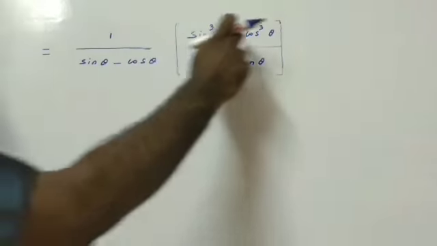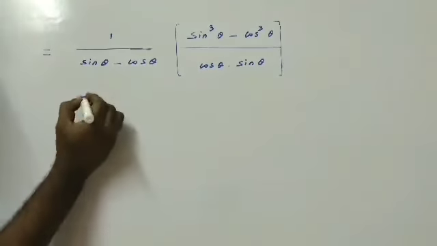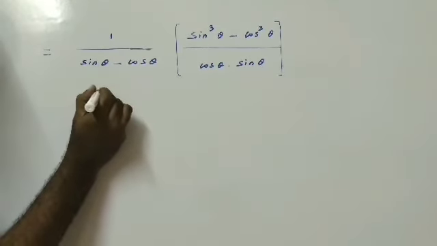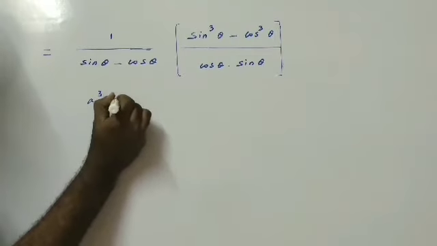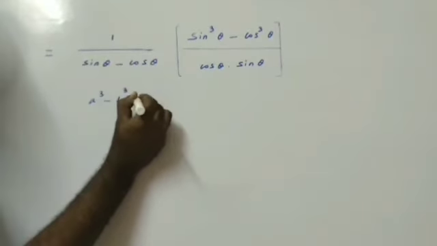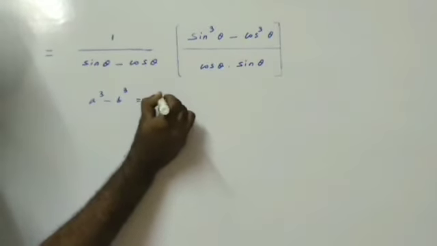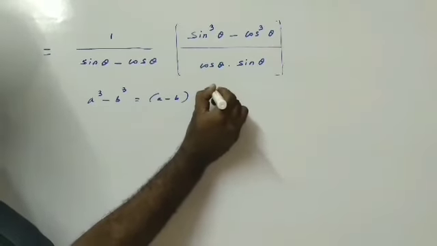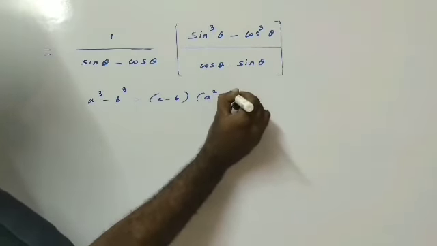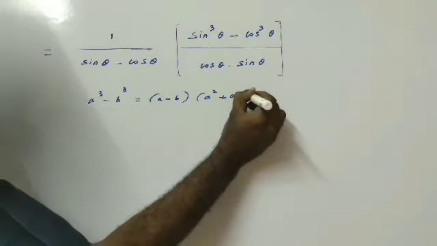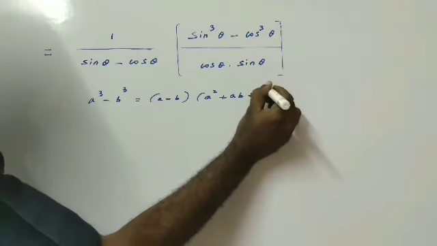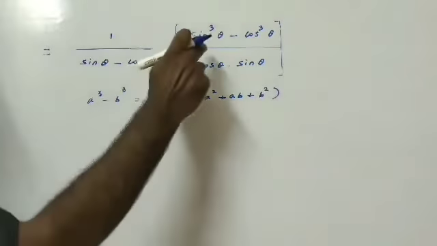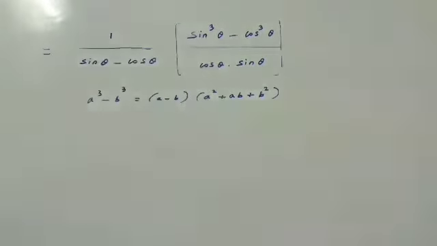This looks like the formula a cube minus b cube. We know that a cube minus b cube equals (a minus b) into (a square plus ab plus b square). So in the position of a, sin theta is there, in the position of b, cos theta is there.